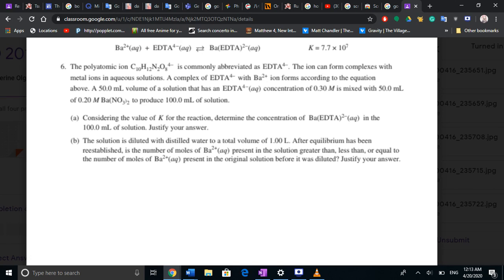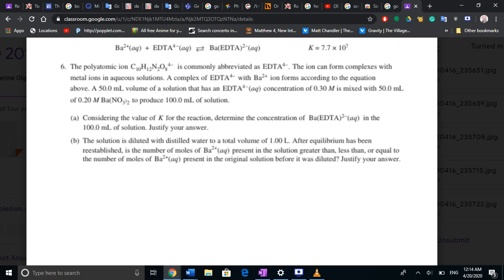The solution has been diluted with water for a total volume of 1 liter, so the volume has been increased. After equilibrium has been reestablished, is the number of moles of the barium ion present in solution greater than, less than, or equal to the number of moles of barium ion present in the original solution before it was diluted? And we need to justify our answer.